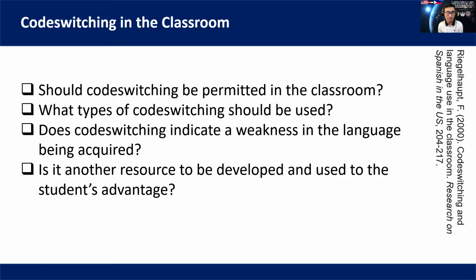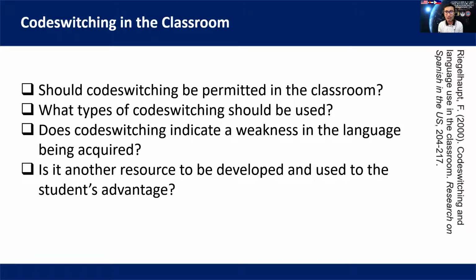Should code switching be permitted in the classroom? What types of code switching should be used? Because there are many types of code switching. Sometimes you have tag switching, intersentential, or intrasentential. Does code switching indicate a weakness in the language being acquired? It's also another issue that we need to look into. Is it another resource to be developed and used to the student's advantage? That's also a very nice question.